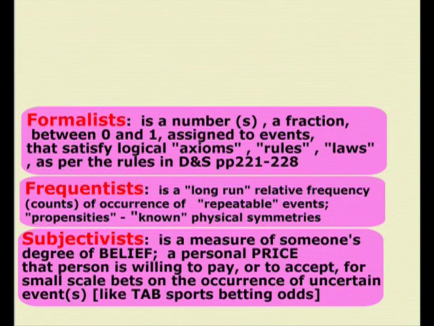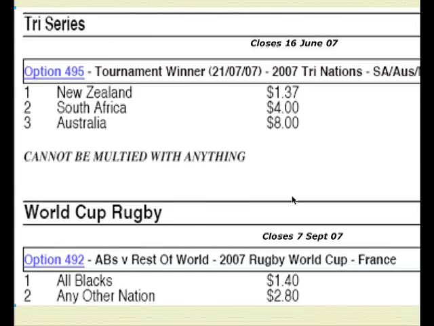Now, this is my little attempt to convince you this is kind of an interesting area. I pulled these odds off the web page this morning for the World Cup for rugby. If you go to the TAB site, there's all kinds of bets that they offer, and here they're offering odds on New Zealand being the winner of the Tri-Nations, South Africa being winner of the Tri-Nations, or Australia being winner of the Tri-Nations, okay?